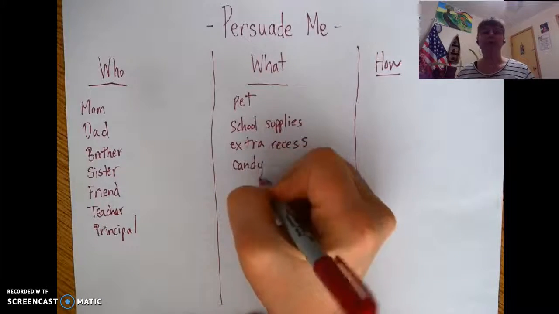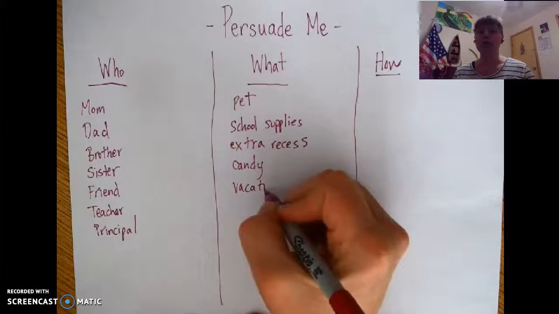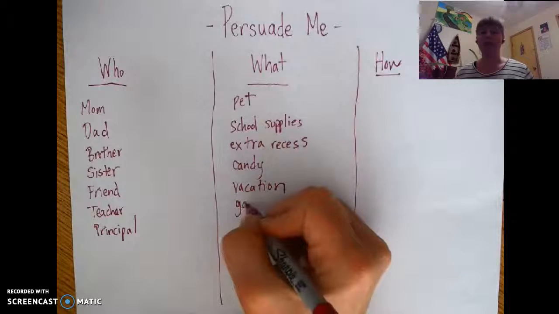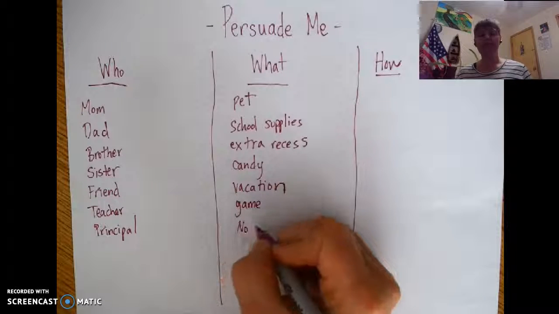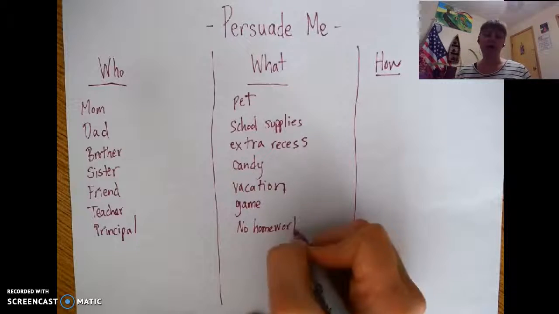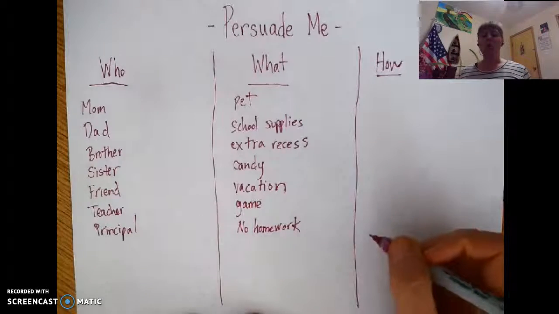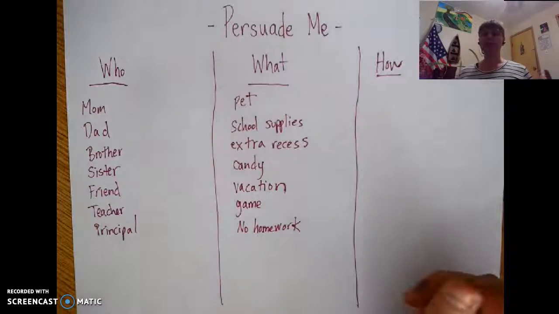Can be candy, taking a vacation, or playing games. Maybe getting a game, having no homework. That's a fun one. Maybe not doing homework, okay? Or being able to do fun things that you like to do.